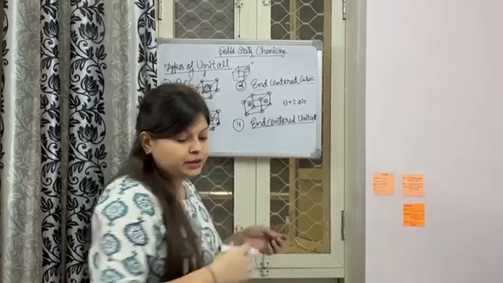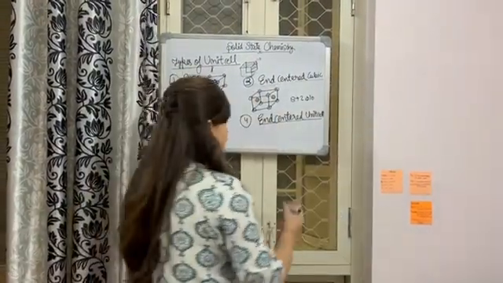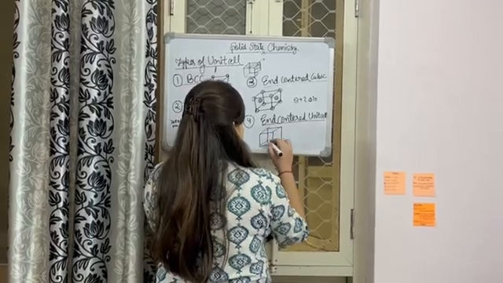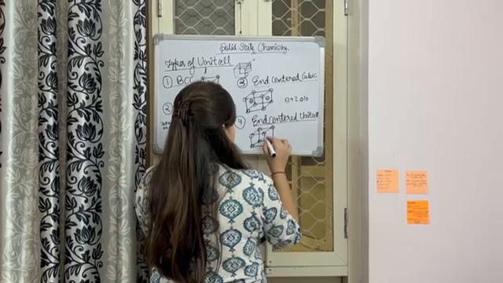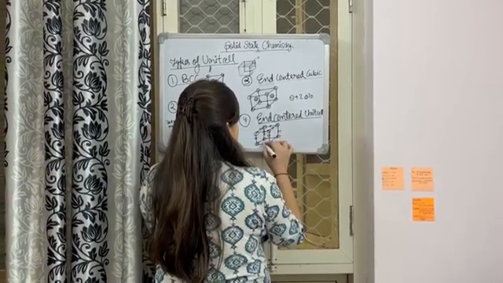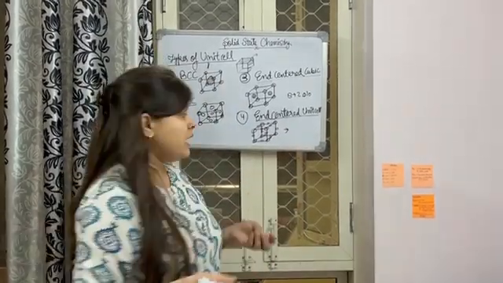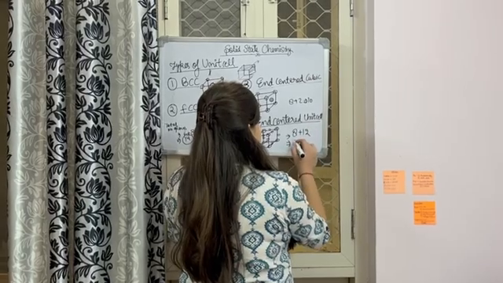So in edge-centered unit cell, lattice points are in all corners and all edges. These are the edges, right? So here the corners are 8 and the edges are 12. So total number of ions is 20.